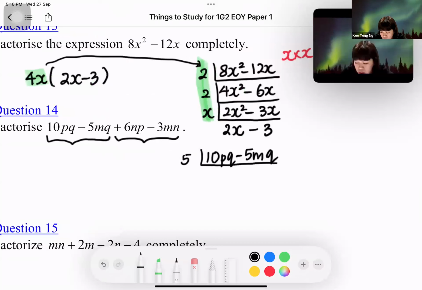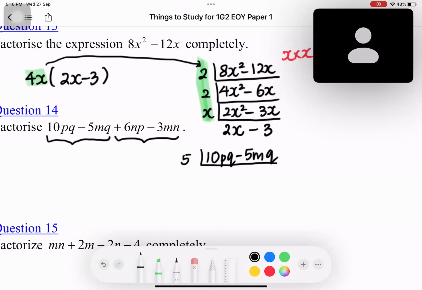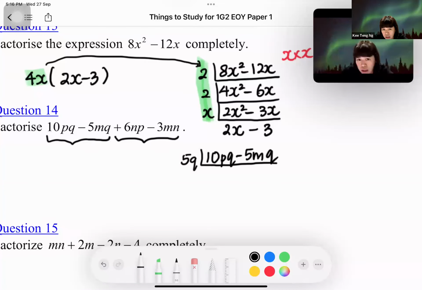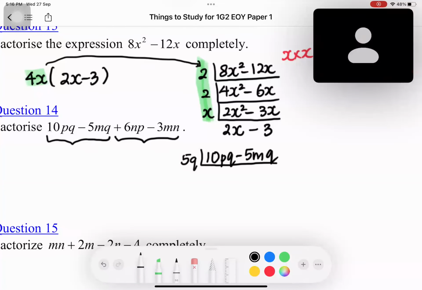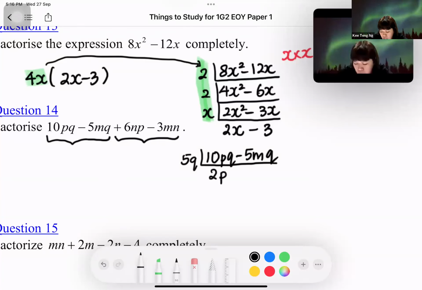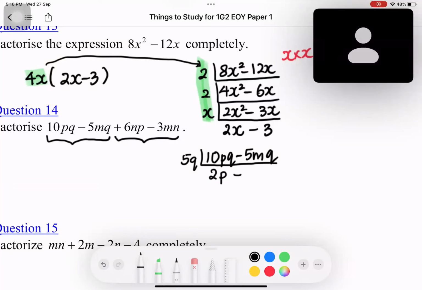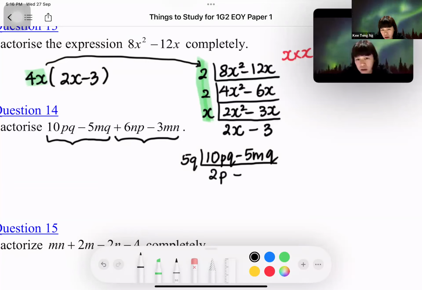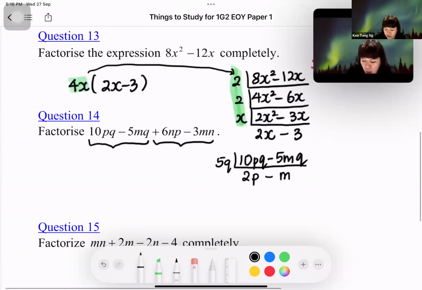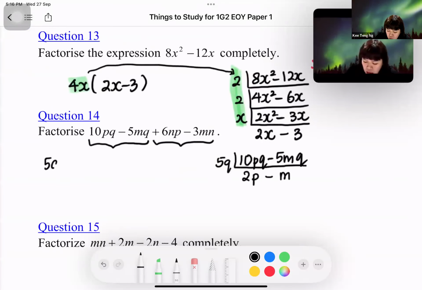Q. Q cubed. So 5q cubed is the common factor. 10pq cubed divided leaves 2p, minus 5m. By 5 it's just m. Yes, correct. So for my first part I have 5q cubed bracket 2p minus m.